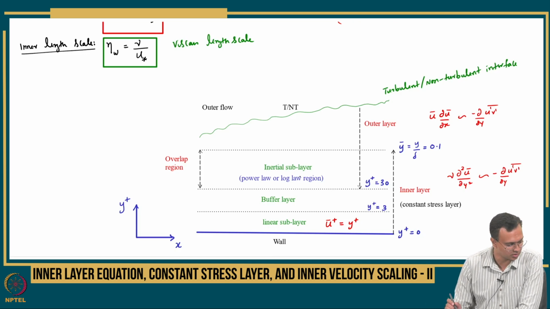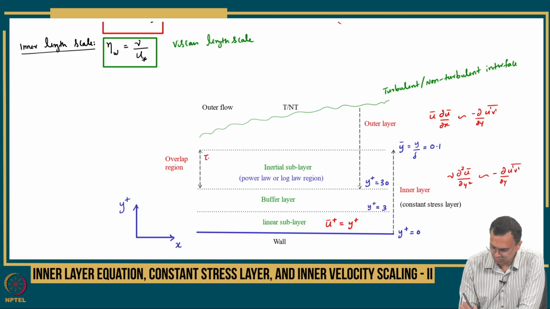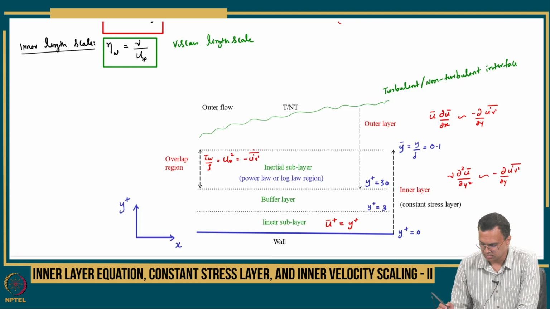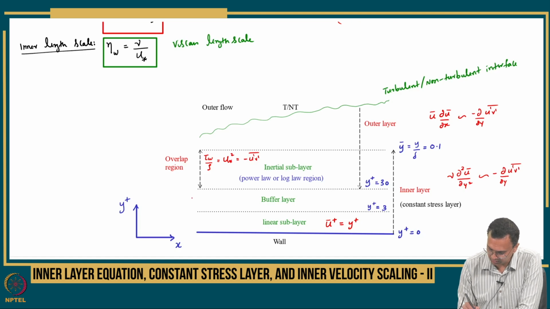So in this logarithmic or overlap zone, you have tau w by rho, this is nothing but your u star square, which is minus u prime v prime over bar, that we have seen. Away from the wall, this is the dominant term here. And in the buffer layer we had tau w by rho equal to u star square as a combination of both.